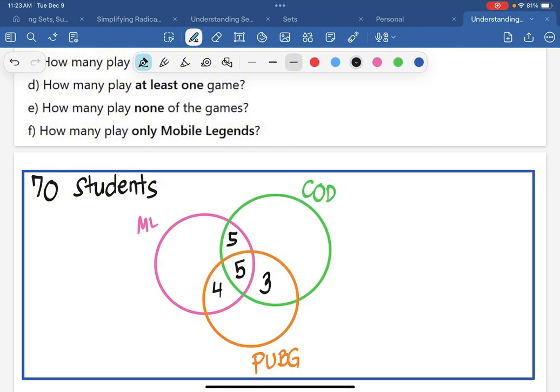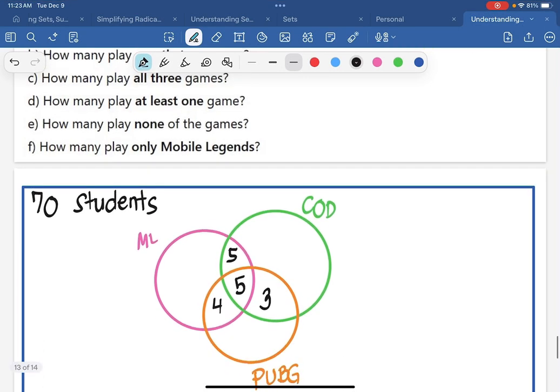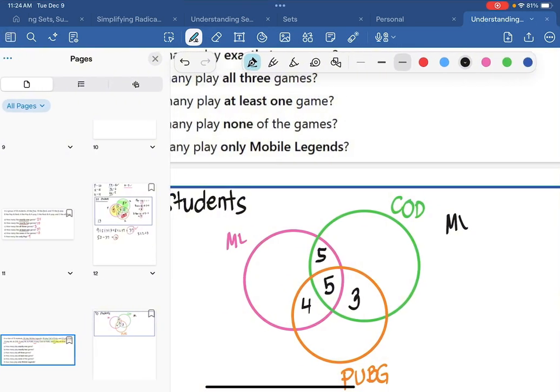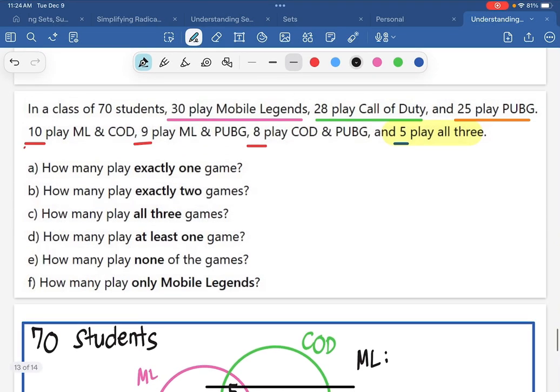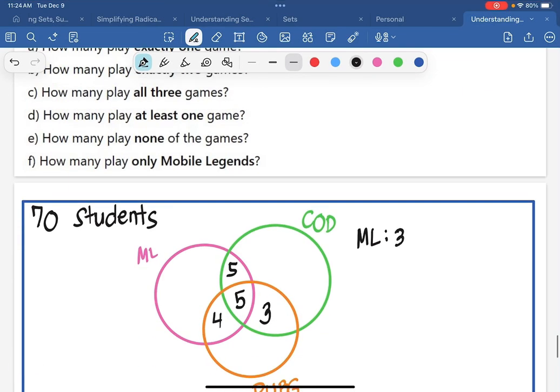Yeah, that's it. Now, let's try to find this area limited to ML users only. So let's write here ML. So total of 30 players minus, again, what you need to subtract here are all the numbers found in the circle of ML.